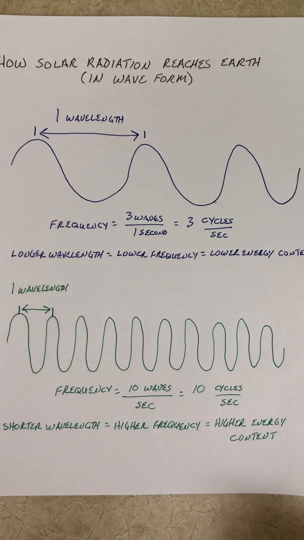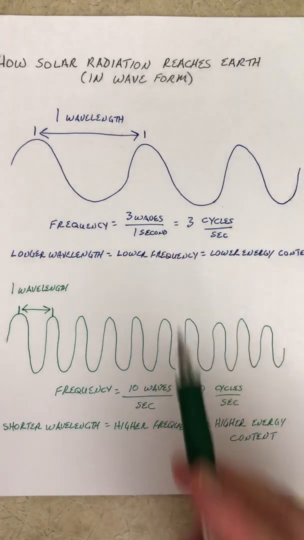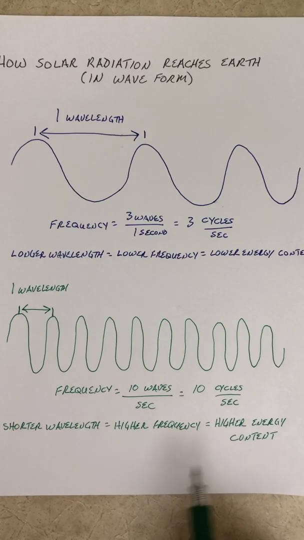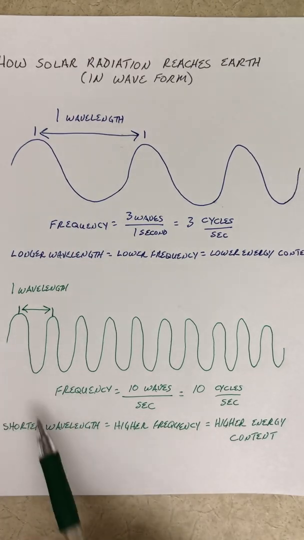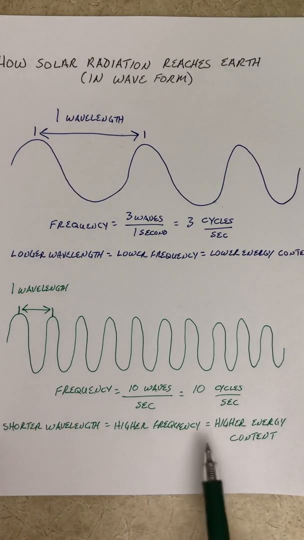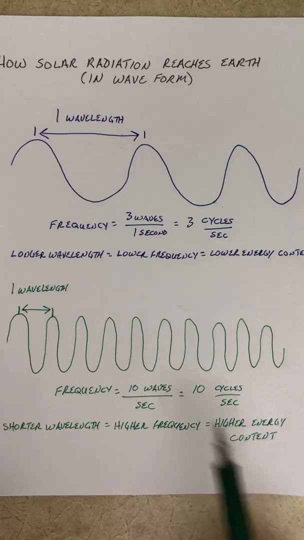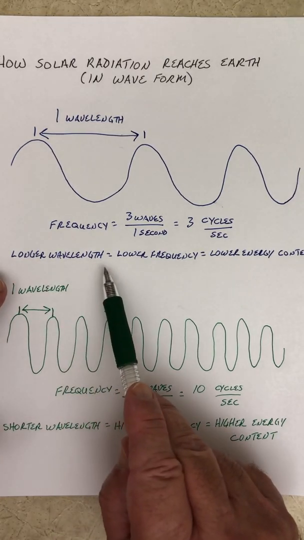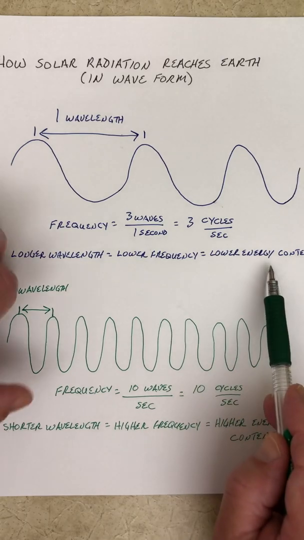So we find in nature, and especially what we get from the sun, that the shorter the wavelength, the higher the frequency and the higher the energy content. The longer the wavelength, the lower the frequency and the lower the energy content.